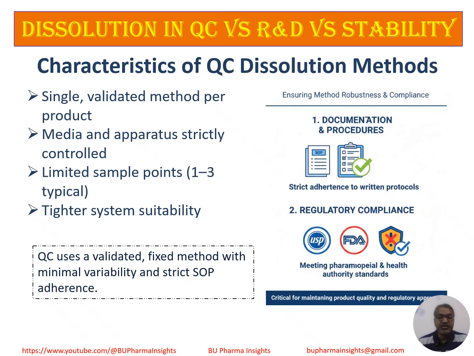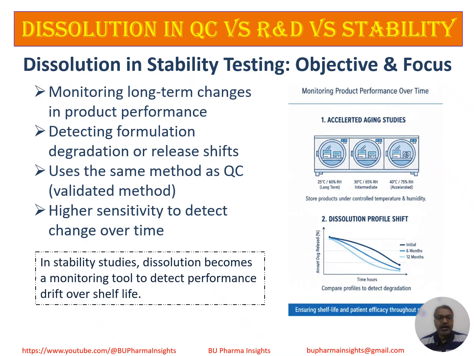Key QC characteristics include tightly controlled media and apparatus, limited sampling points, typically 1 to 3, and stricter system suitability criteria, such as percent coefficient of variation less than 6% at stage S1, with emphasis on robustness and precision, not exploration. The goal is simple: consistent, reproducible results, every run, every day.